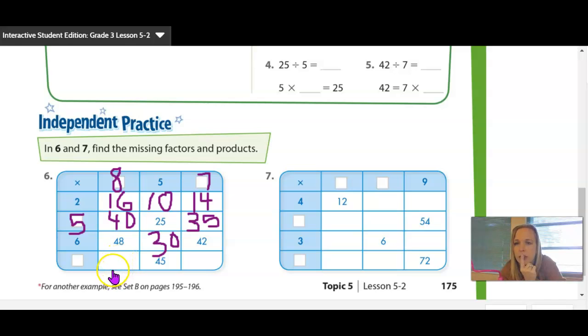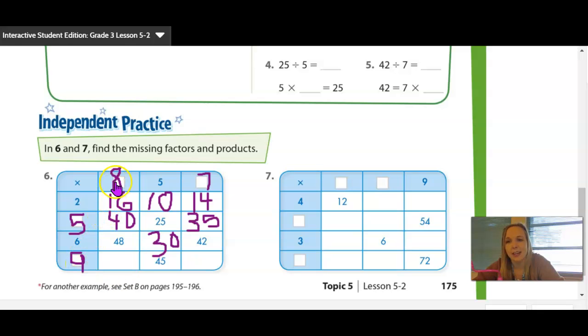This is tricky. Oh, I have one. I have a 5 here and a 45. So 5 times something equals 45. 5 times 9 equals 45. So I'm going to put a 9 here. Okay, and now I can fill out the rest because all my factors are there.